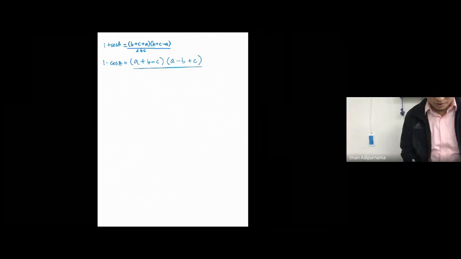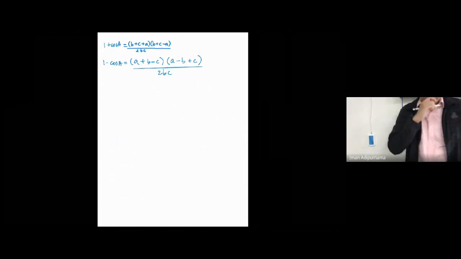I'm skipping some parts here, but it should be correct, right?